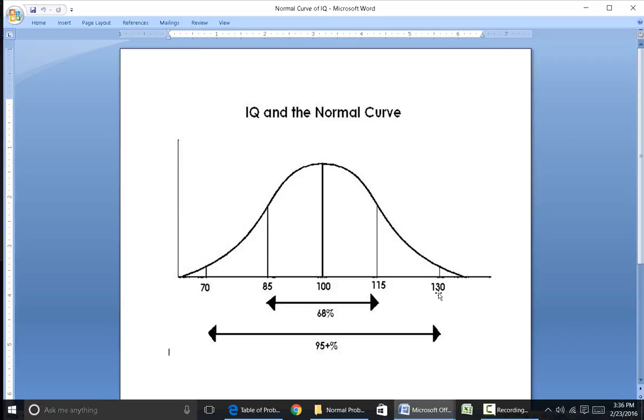And then on the other side, 85 minus 100 would give me minus 15 divided by 15. This then would be a negative 1. This 85 would correspond to a negative 1. And then the 70 would correspond to a negative 2. That's 70 minus 100 divided by 15, so it's negative 30 divided by 15, negative 2.